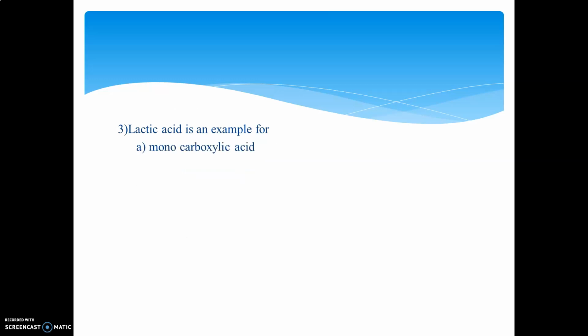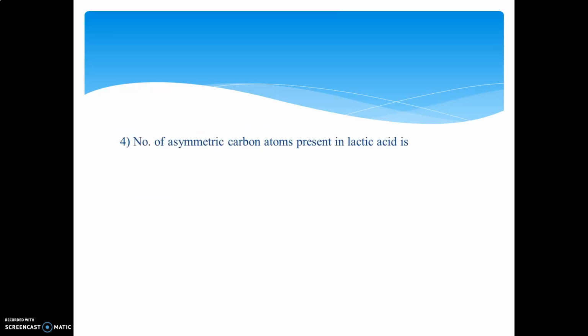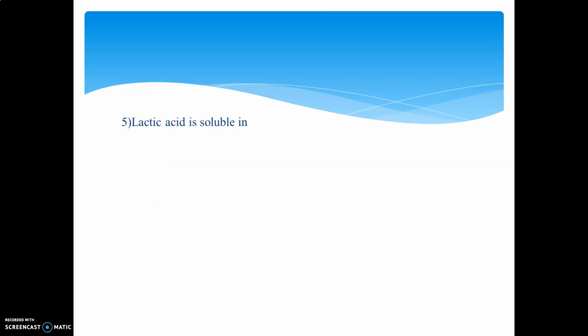Lactic acid is an example of a monocarboxylic acid. The number of asymmetric carbon atoms present in lactic acid is 1. Lactic acid is soluble in all the above. Thank you.